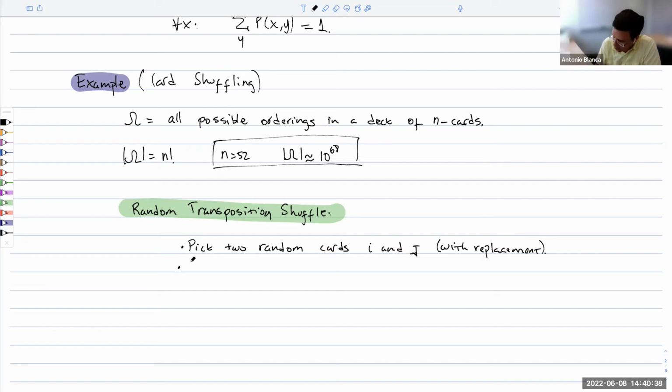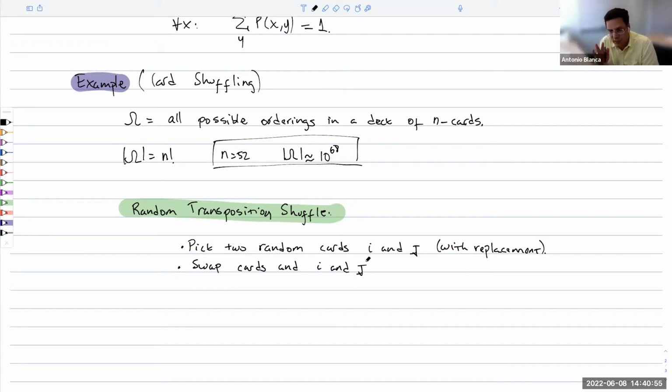And then we swap those cards I and J. So this is a Markov chain.